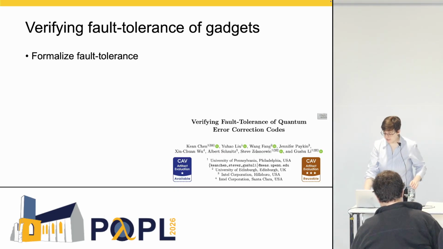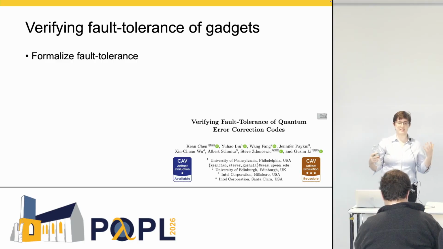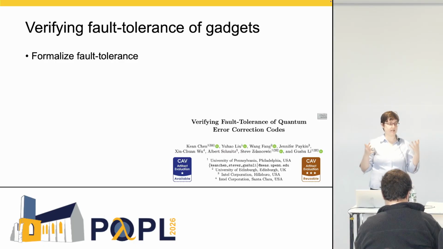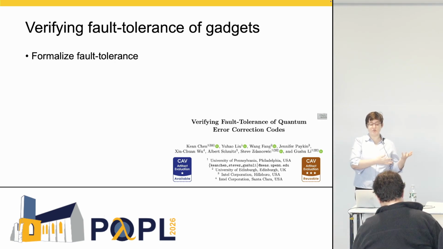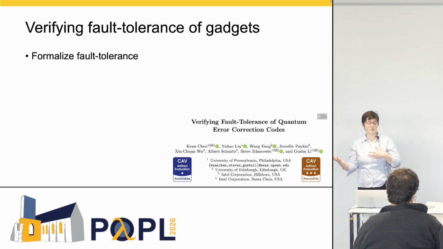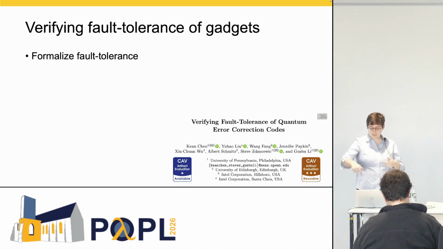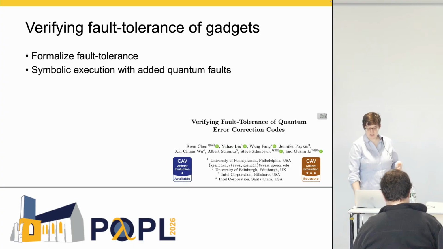So first task, formalize what fault tolerance actually means in a way that is suitable to checking, formal enough to express that property. Now, you could try to verify those properties manually in Coq, in the style of SQIR. But in this work, we aim to reuse as much of the automated advantages obtained by the stabilizer formalism verification as we could.